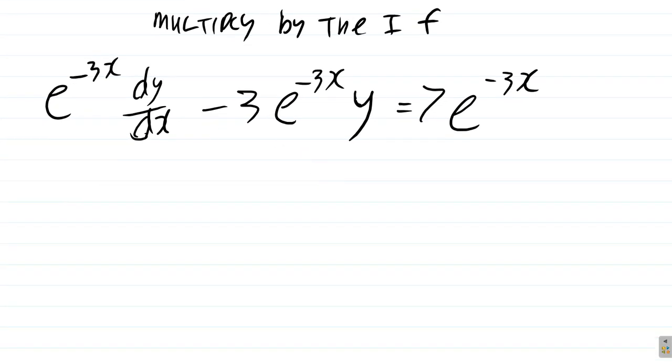Now, here you can see that the left hand side is the result of having performed a differentiation of a product of two functions of x. Alright? So we're going to apply the reverse product rule.